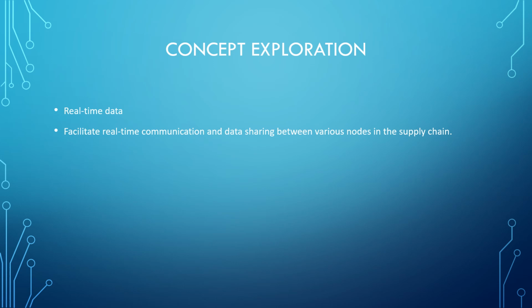Real-time data helps to find and identify critical issues in a timely manner so that problems can be resolved in a timely manner. Real-time data enables supply chain managers to make informed decisions quickly, improving overall efficiency and responsiveness.